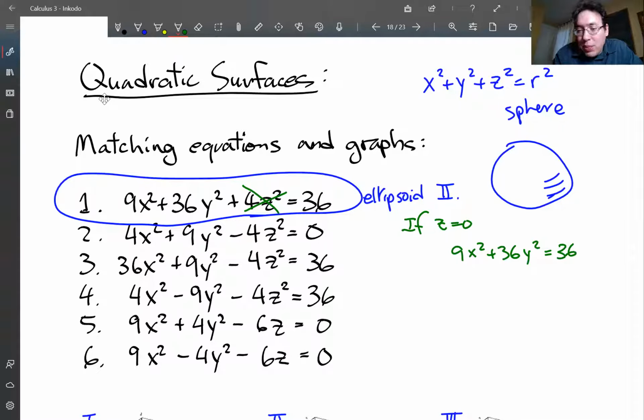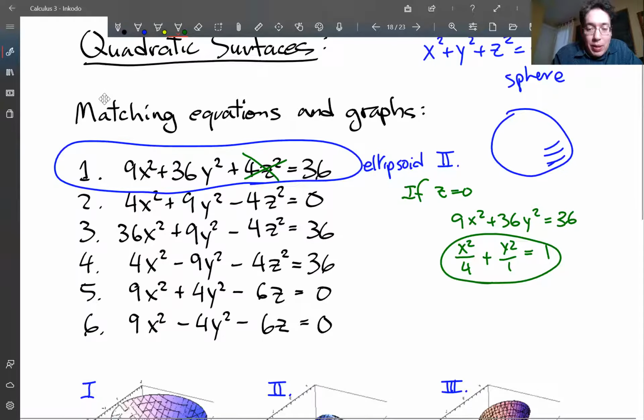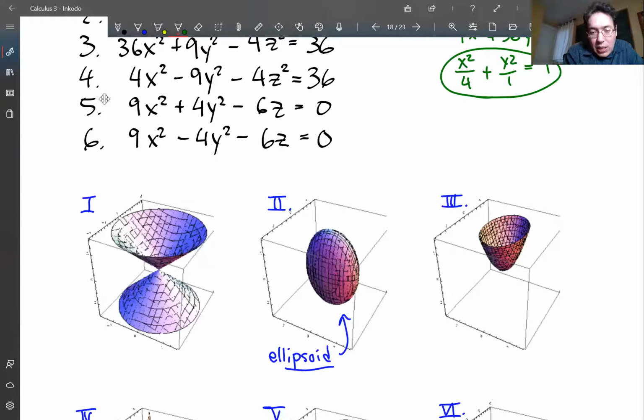And if we divide both sides by 36, maybe you recognize this as an equation of an ellipse. And if you kind of cut this picture at z equals 0, you could see that the cross section is an ellipse.